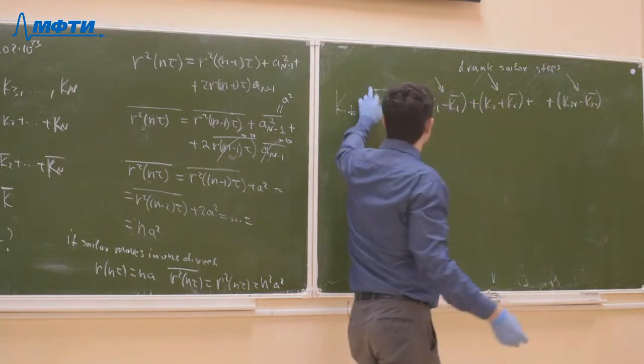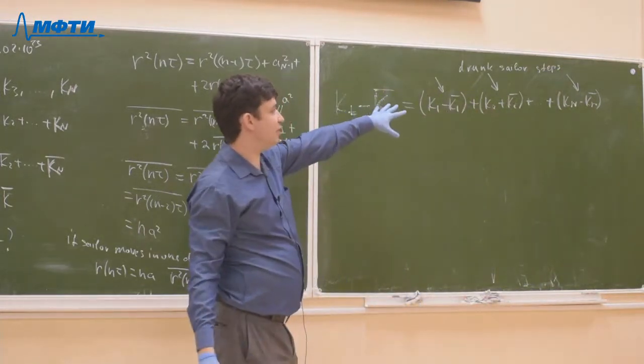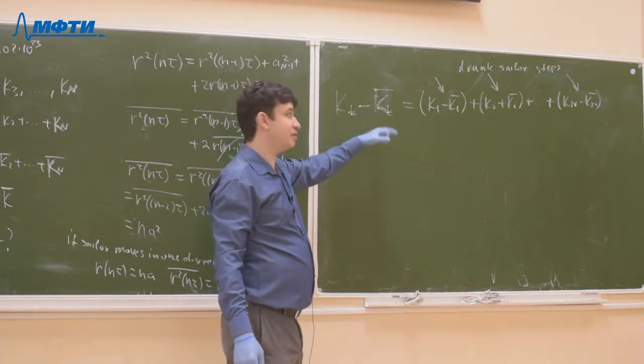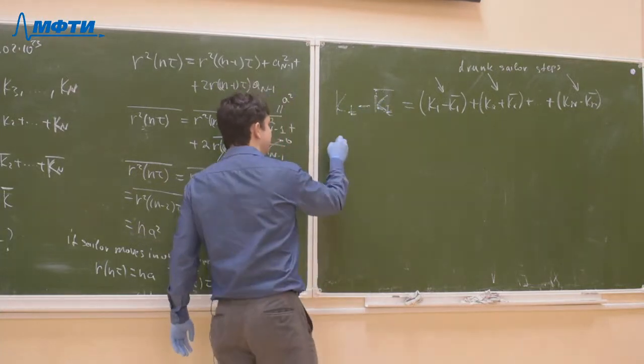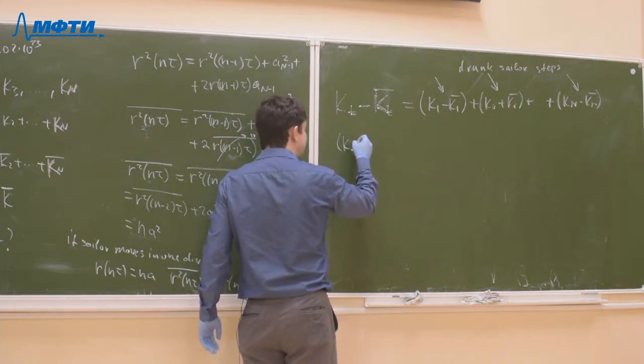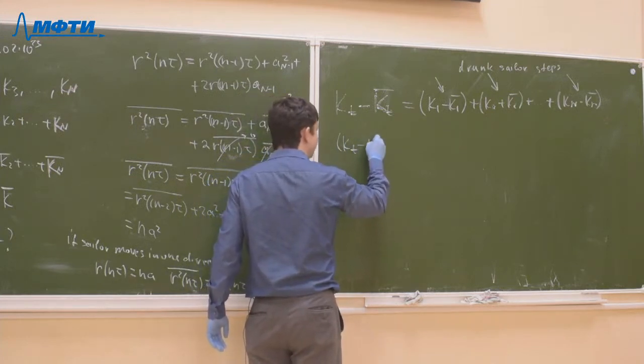Well, of course, if we take the average of this equation, we will get 0 on both the left and right sides. So what we need to consider is the squared average, so the average of the squared value.